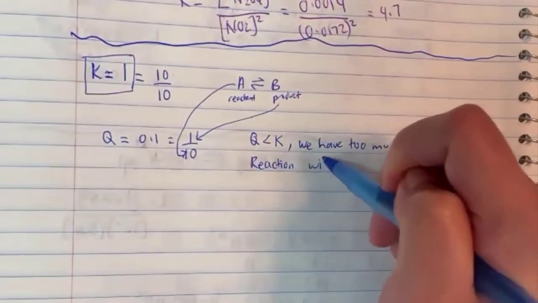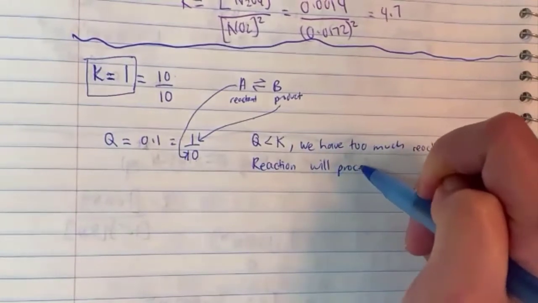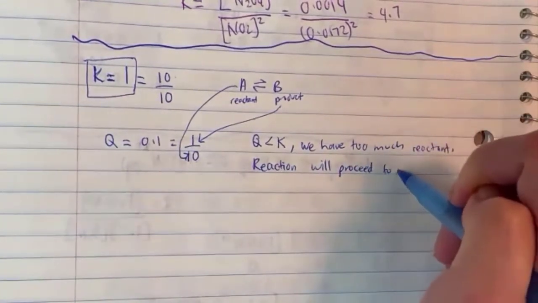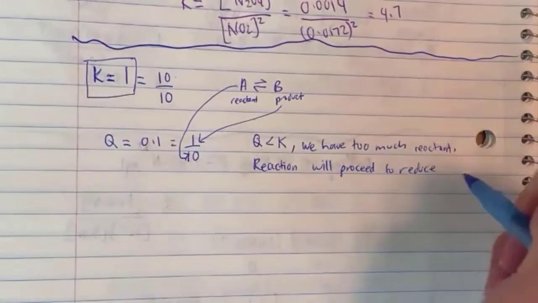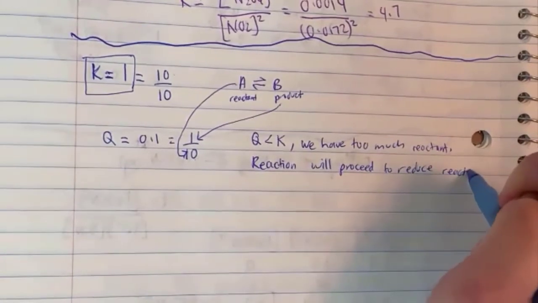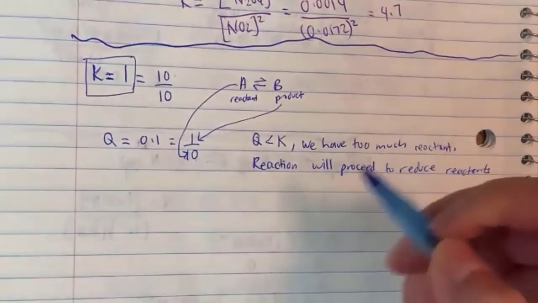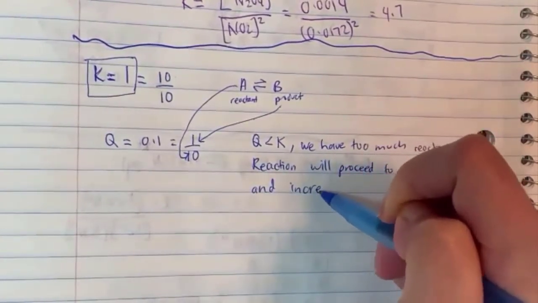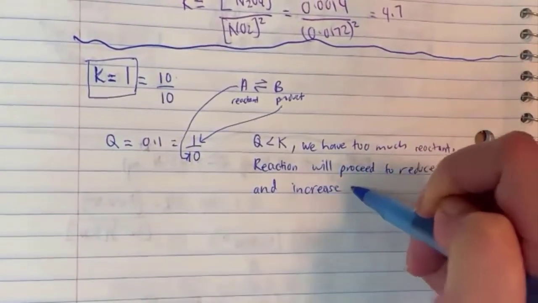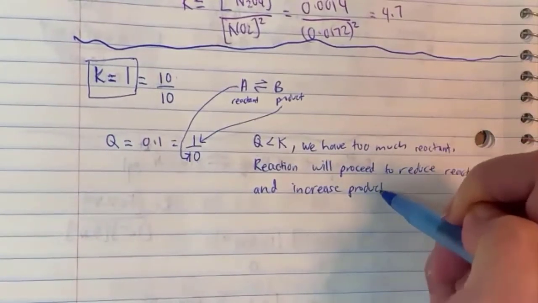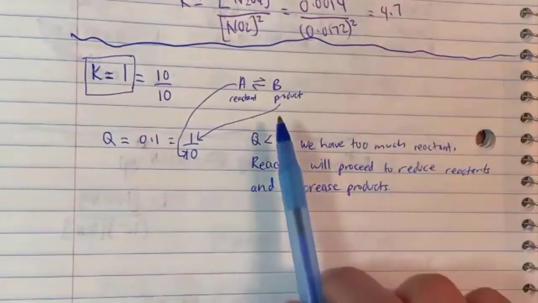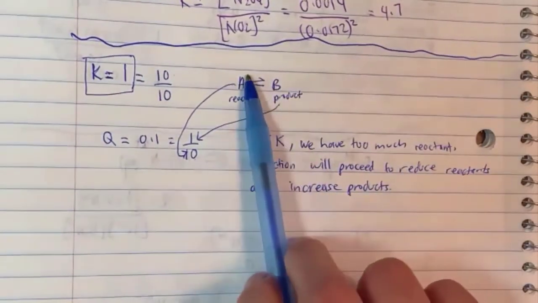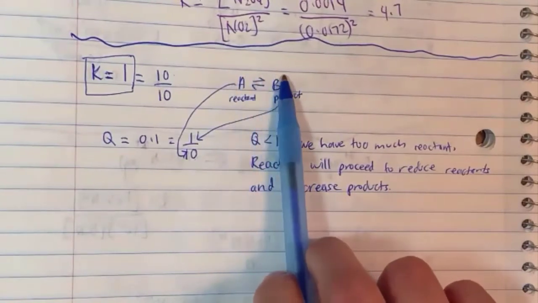So a reaction will proceed to reduce reactants. Now, when it reduces reactants, it also increases products. So I write and increase products because it's reversible, right? So if you reduce the reactant and increase product, it means it's going in this direction.